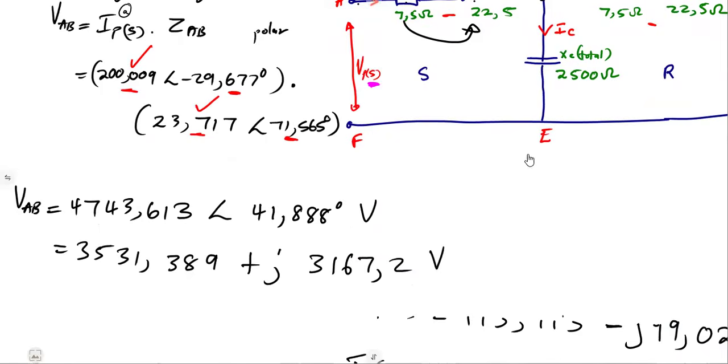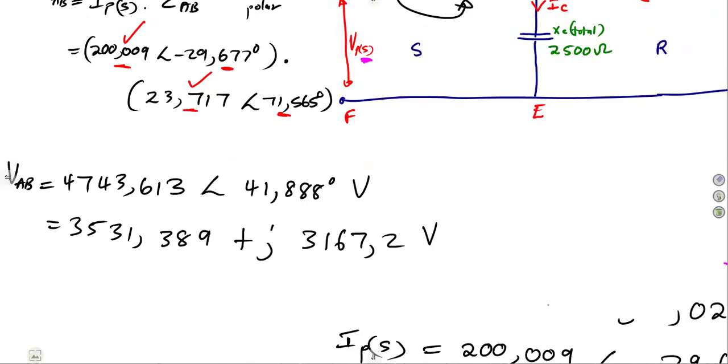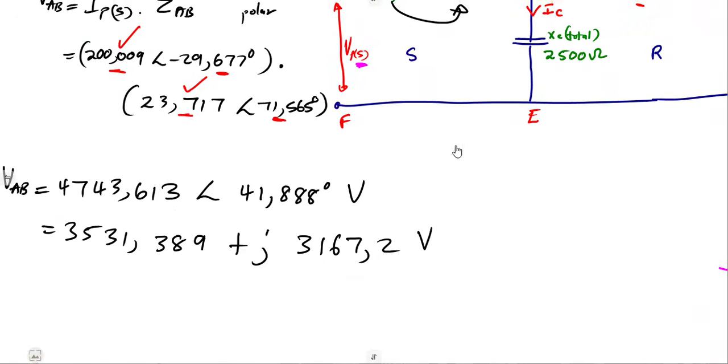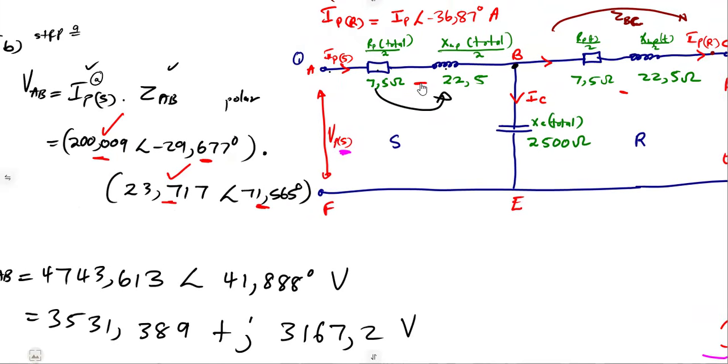So later, from this voltage across A and B, remember we just have the voltage across A and B. And what we need is the sending end phase value. So we are going to add, because we have this voltage across A and B, and we have the voltage across the capacitor. So we are going to add these two.